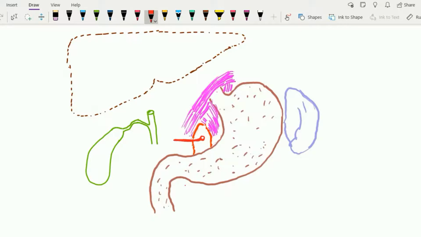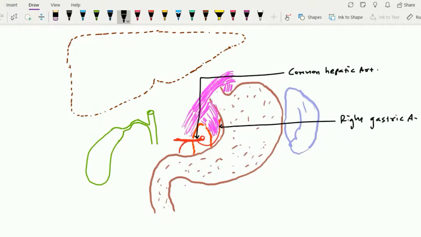So it is situated behind the omental bursa, and before reaching the right free margin of the lesser omentum, it provides three branches, and these are the right gastric artery. Second one is the gastroduodenal artery, and occasionally this common hepatic artery also provides the superior pancreaticoduodenal artery.